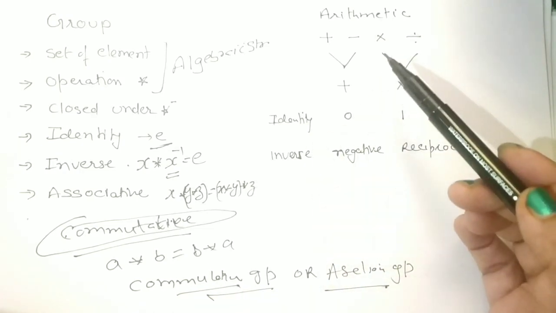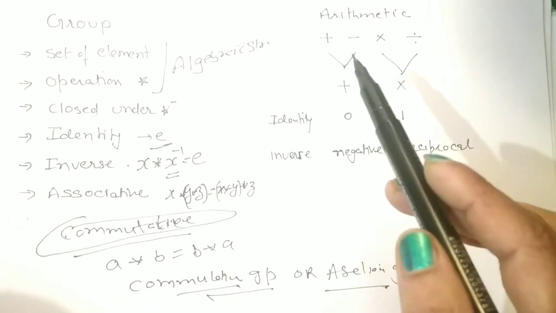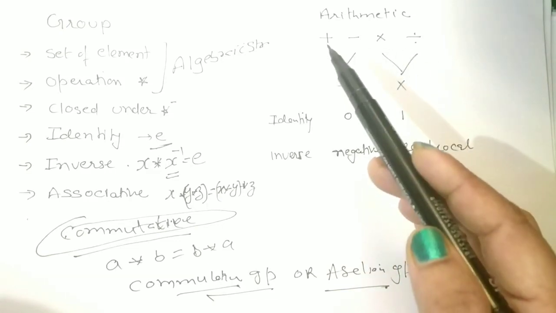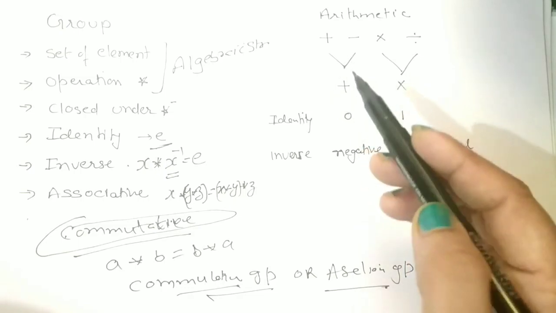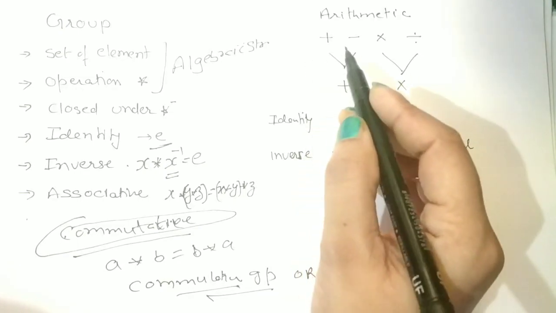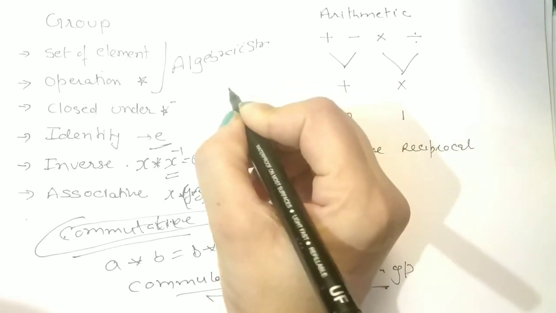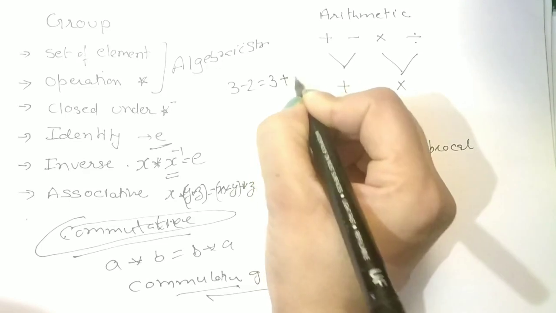Now we consider the arithmetic operations. Generally from the lower classes, from first, second, third, we study these four operations: addition, subtraction, multiplication and division. When we observe closely, subtraction is nothing but adding a negative number. 3 minus 2 can be written as 3 plus minus 2.